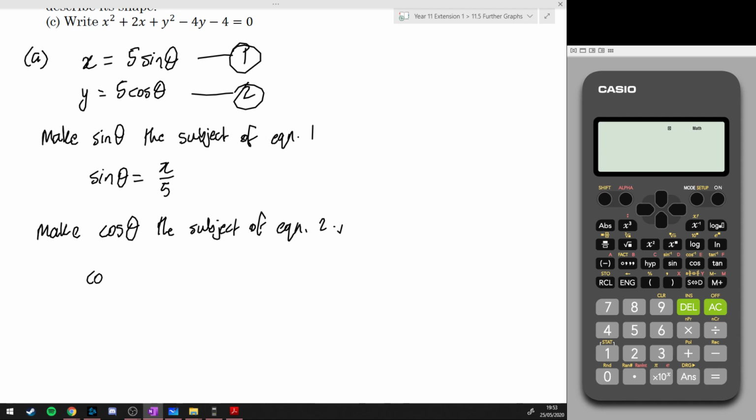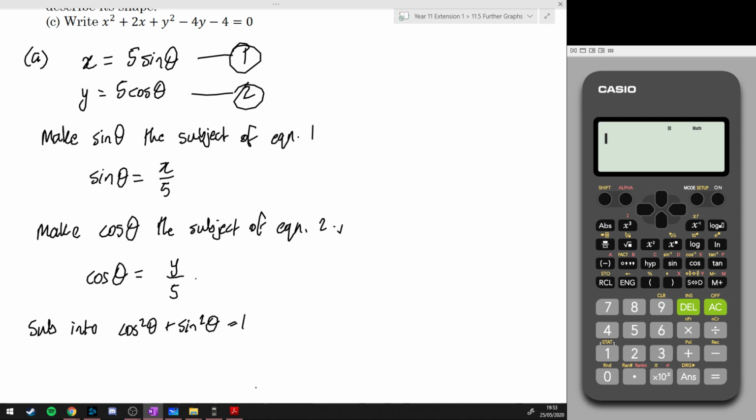So that's going to become cos theta is equal to y on 5. Okay, now we're going to substitute these into the identity cos squared theta plus sine squared theta is equal to 1.